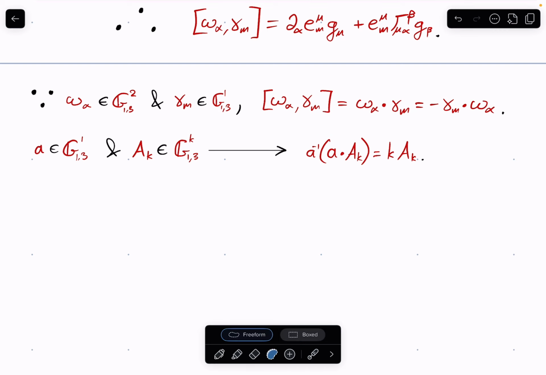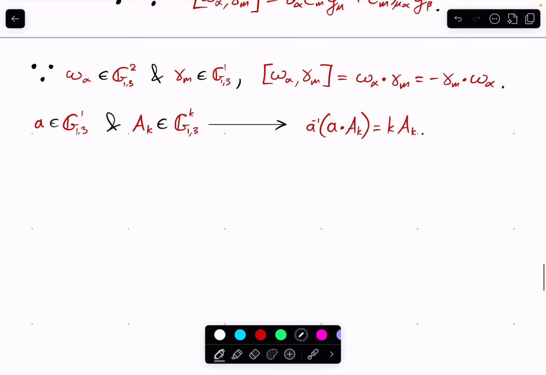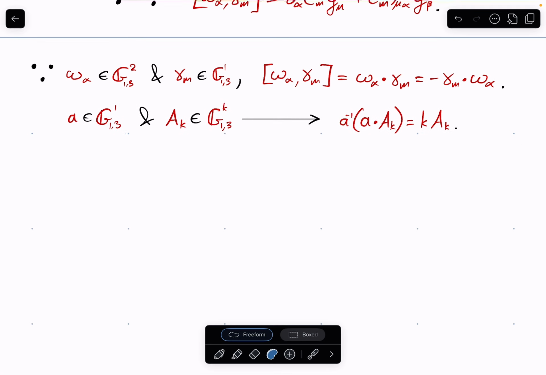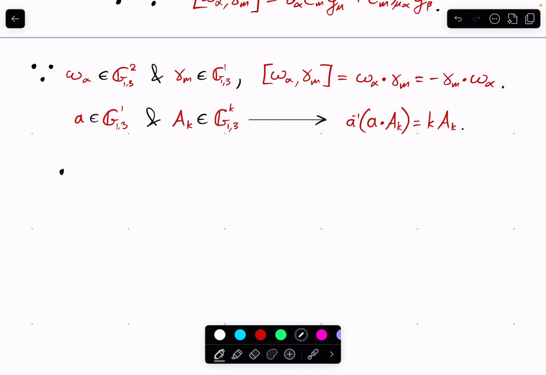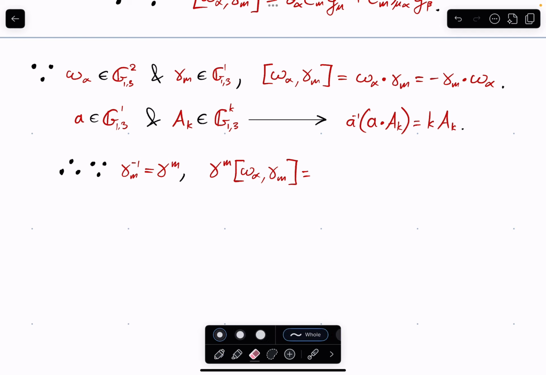So we have two statements here, and we can then say that, by the fact that the inverse of gamma m is by definition the reciprocal tetrad, it follows that if you multiply omega alpha gamma m, it's just minus gamma m dotted with omega alpha, which is going to be minus 2 omega alpha.